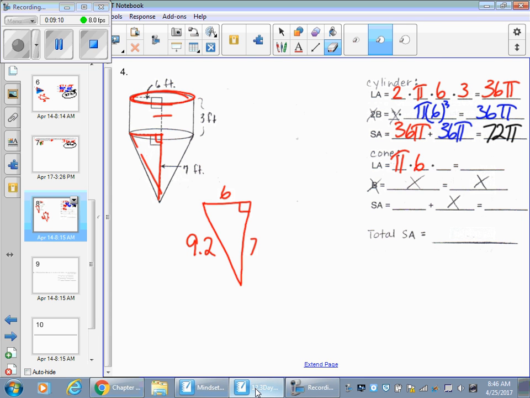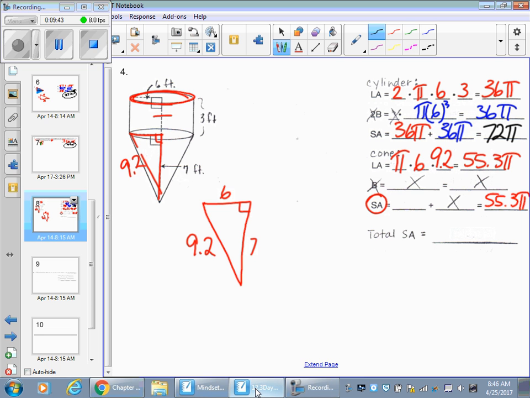We got it. 9.2 is the slant height. And then we end up with 55.3 pi. Do I have a base? I don't have a base. So the surface area of that cone shape without the base is going to be 55.3 pi.